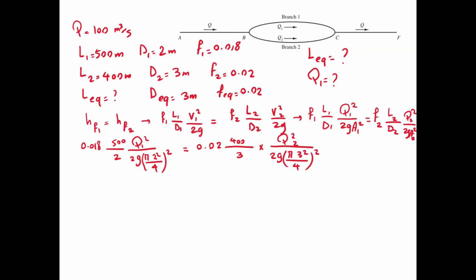That's a long one. I will cancel out this one, this one, this one. So I will end up with 0.08 multiplied by 500 over 0.02, 400, Q1 square over Q2 square.